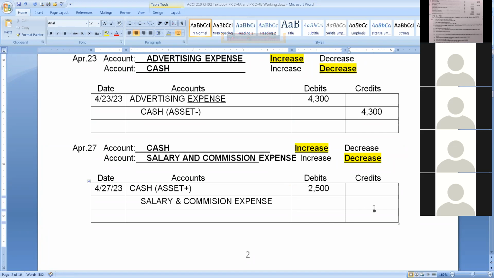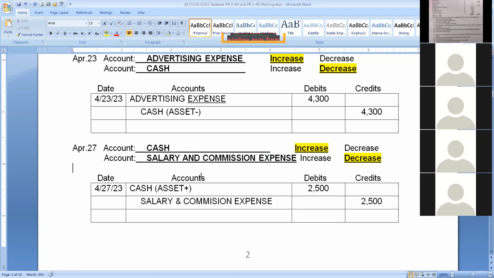A few times you'll see a credit in the expense account, and again, this is because there was an error. And by the way, errors are the hardest thing to correct in accounting. It's the one that people have the hardest time with, and people have worked in it for years.